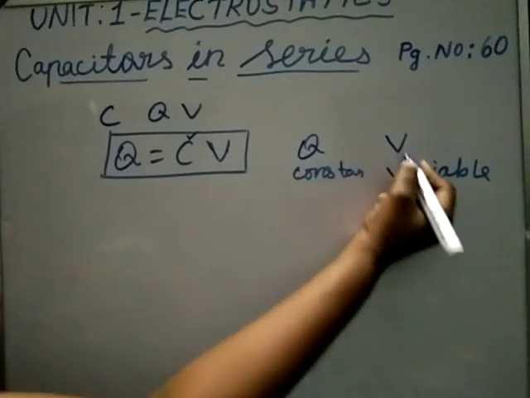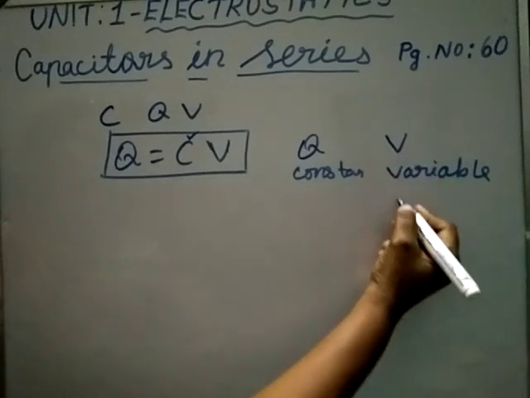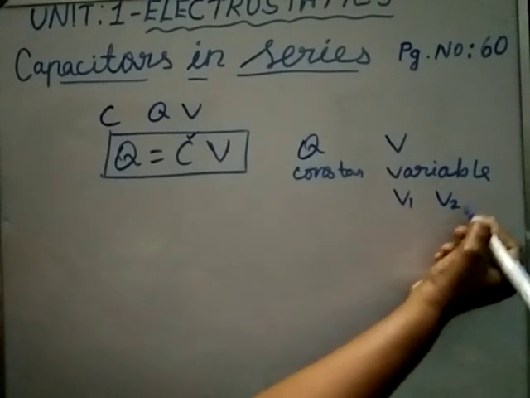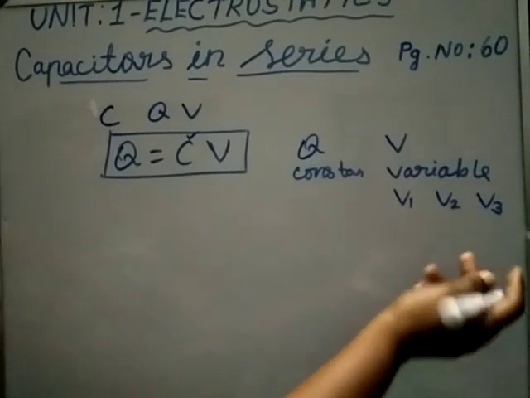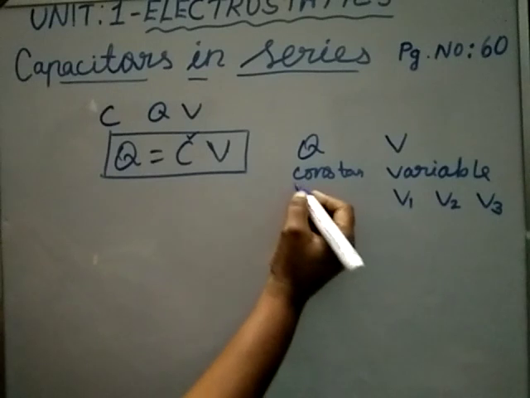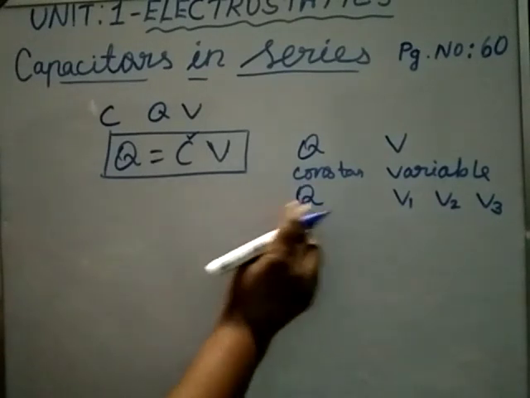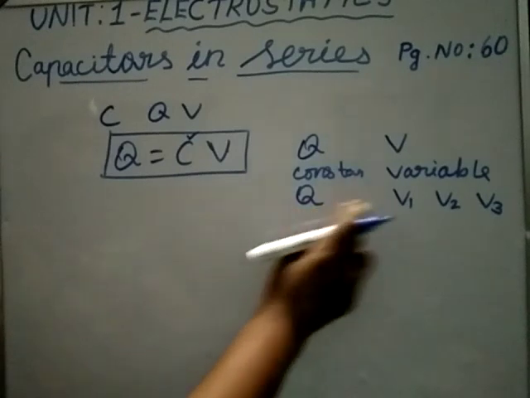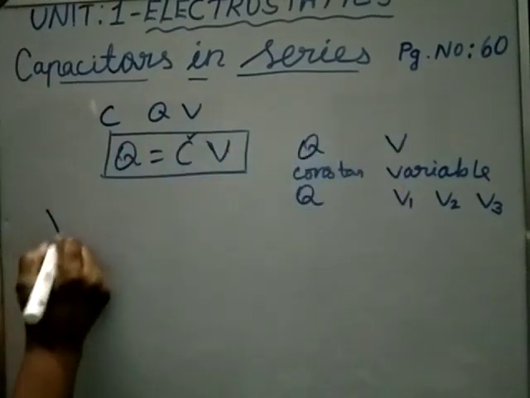The value of V varies: V1 is the voltage across C1, V2 is the voltage across C2, and V3 across C3. But Q is constant for C1, C2, C3. It won't vary.